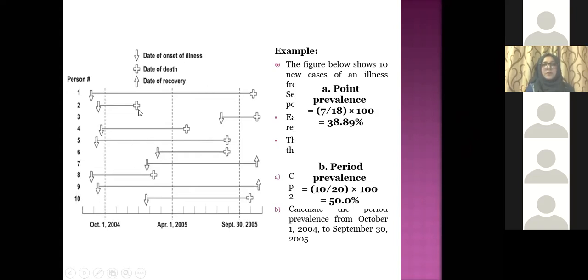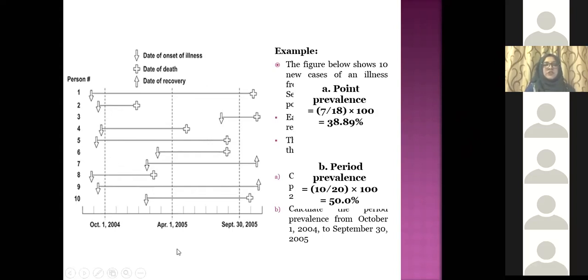Over here you see a cross, which is the date of death. Person number 2 expired before reaching April 1st, and another person, person number 8, also expired before then. So you take 18, not 20, as your denominator. Multiply by 100, and the point prevalence at April 1st, 2005 is 38.9 or 39%.